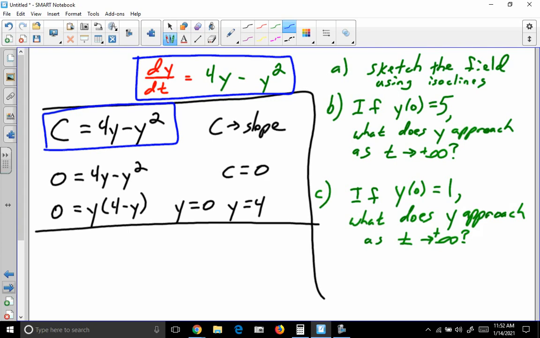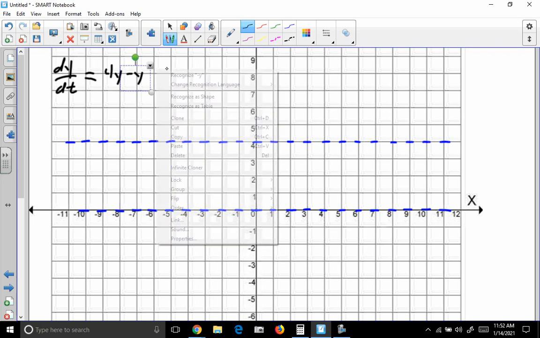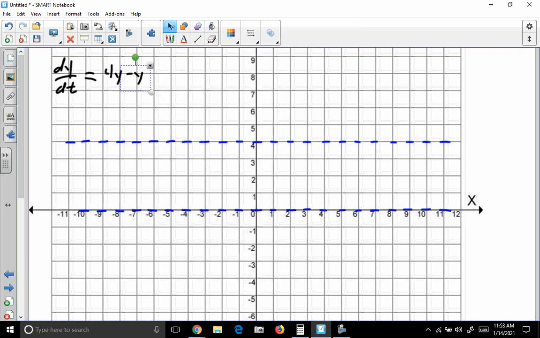So let's do it this way. So let's write that our slope is 4y minus y squared. So let's pick a y value and determine what the slope is going to be at that y value.